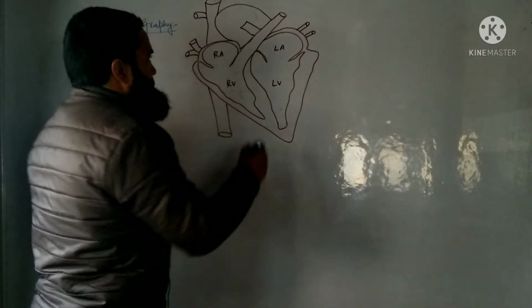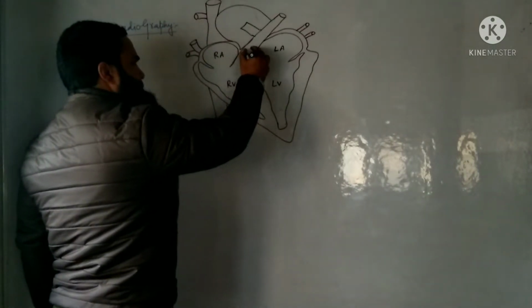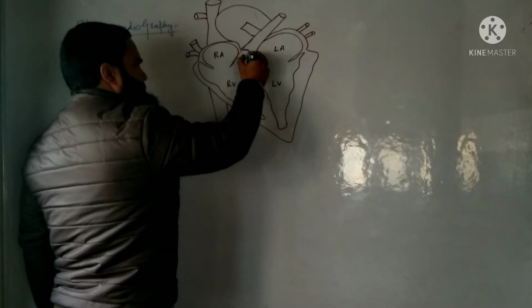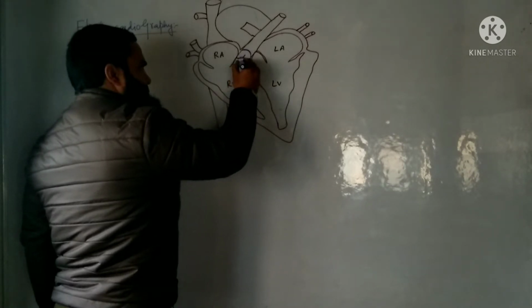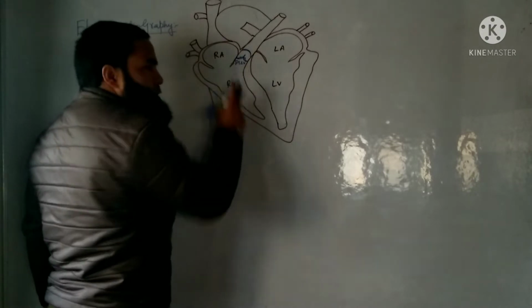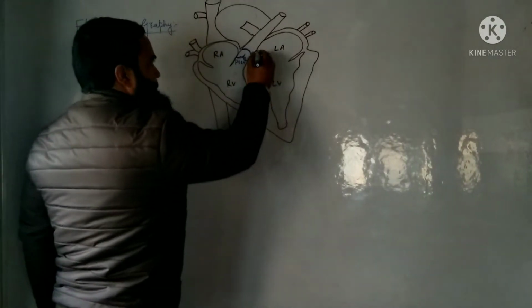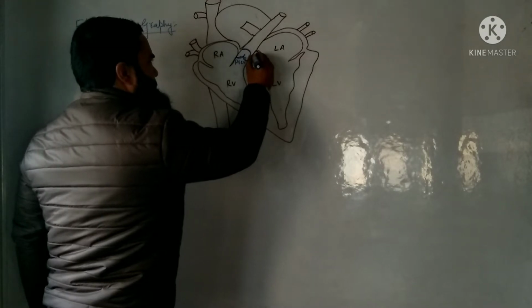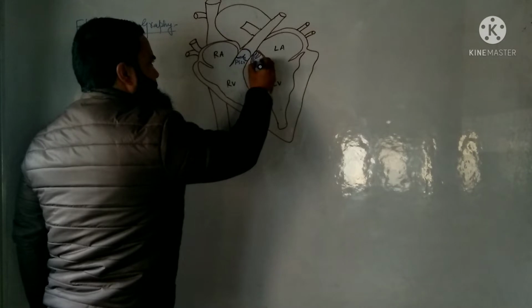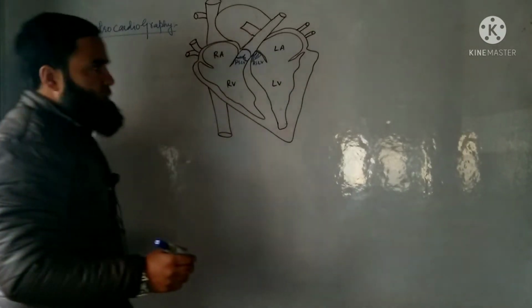This is called PSLV, pulmonary semilunar valve, and here ASLV, aortic semilunar valve.